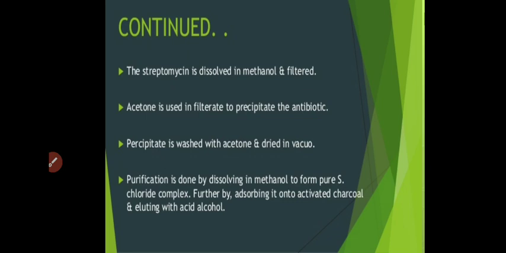is collected, and in this filtrate acetone is added. Acetone helps in the precipitation of the streptomycin. The precipitate contains our antibiotic. This precipitate is washed with the acetone and dried by using vacuum pressure or the evaporation process.